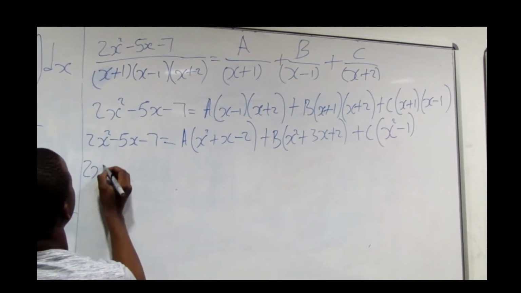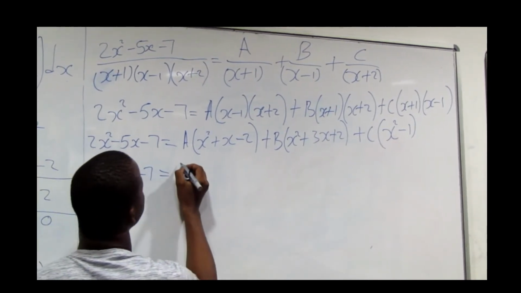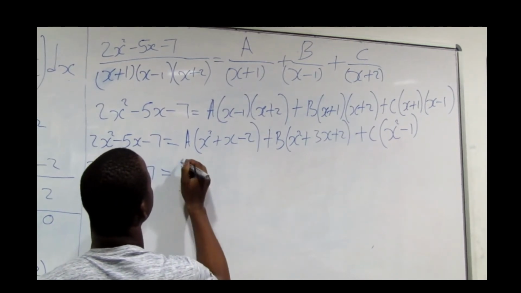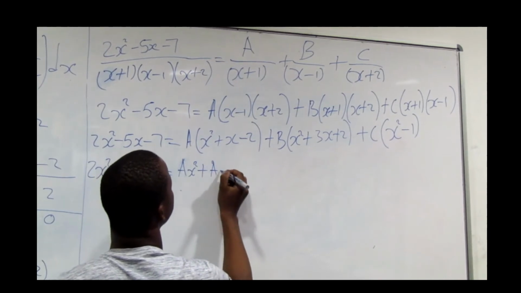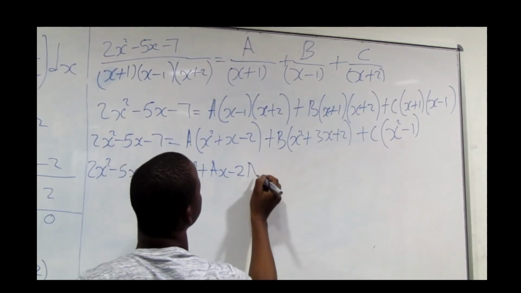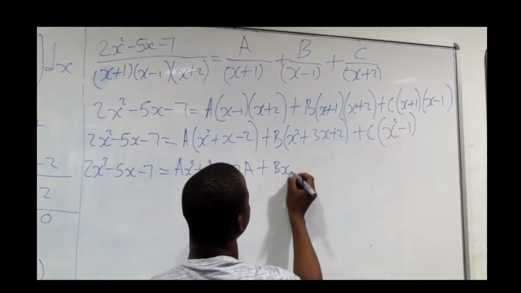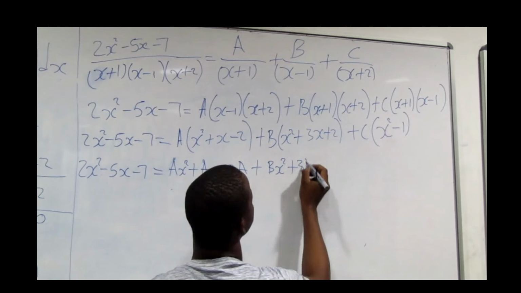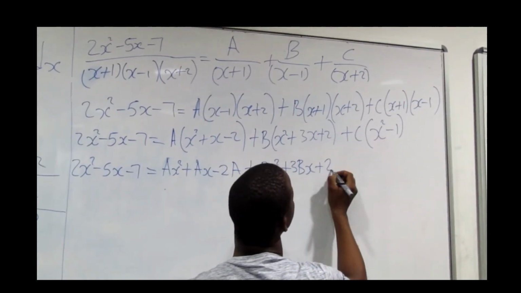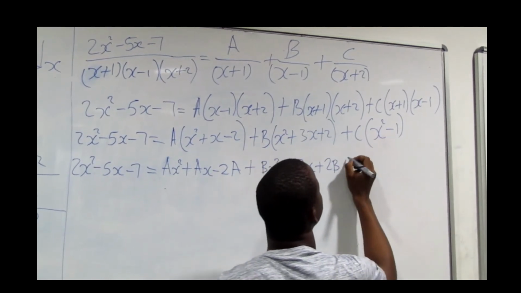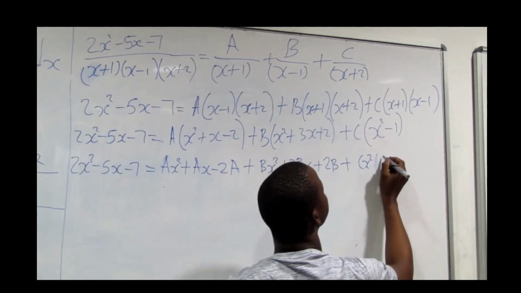It's going to be 2x squared minus 5x minus 7 equals a x squared plus ax minus 2a, plus b x squared plus 3bx plus 2b, plus c x squared minus c.